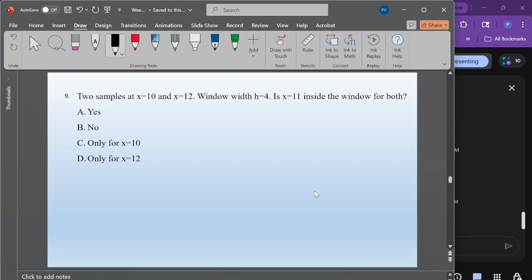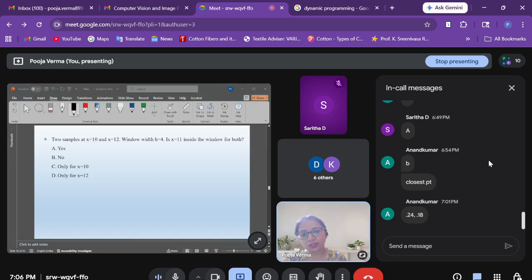So does anyone have any idea how we can solve this, or which concept it is based on? Can any one of you tell for this question? Here two samples are given and the window width is given, and one new sample is given.